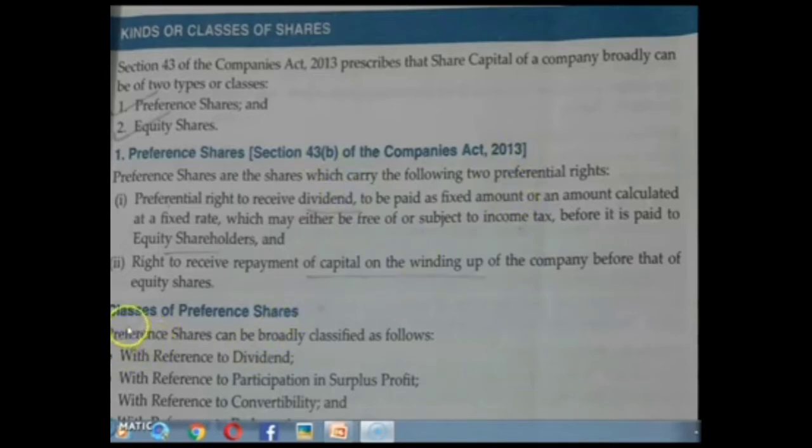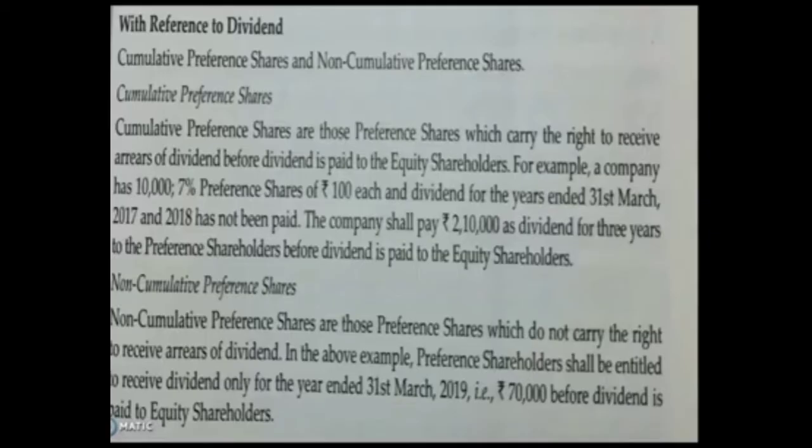There are actually four broad classifications of preference shares: with reference to dividend, with reference to participation in surplus profit, with reference to convertibility, and with reference to redemption. Let us discuss in detail. With reference to dividend, there are two types of preference shares: cumulative and non-cumulative.